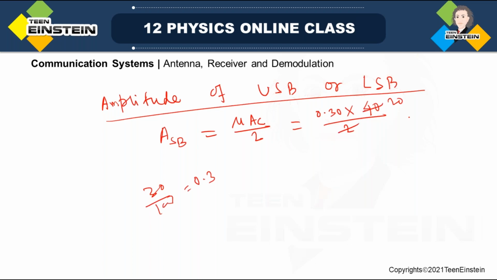Then it will be 20, so we'll get 6 volt as the amplitude of the side bands. This is how you have to solve numerical problems related to amplitude modulated signals.